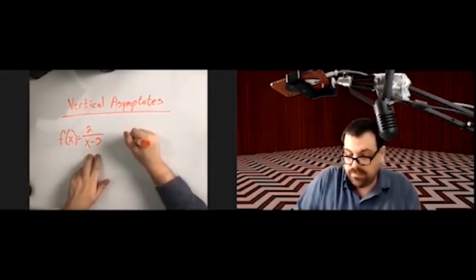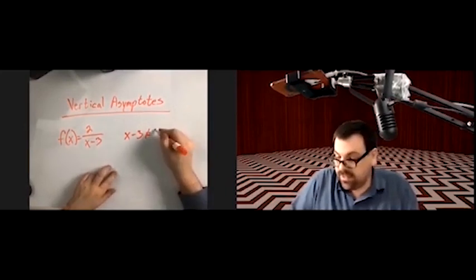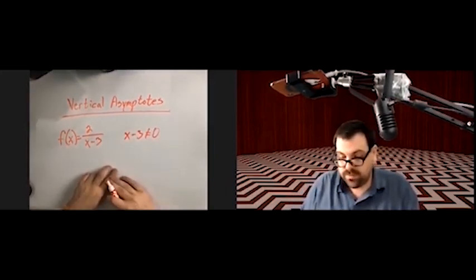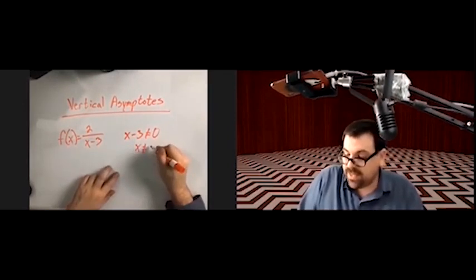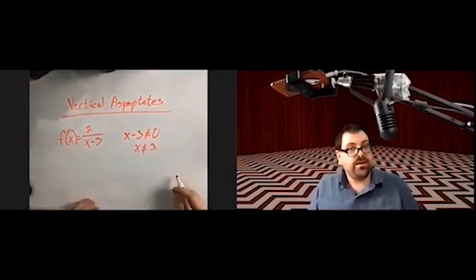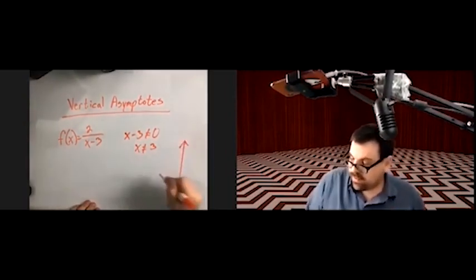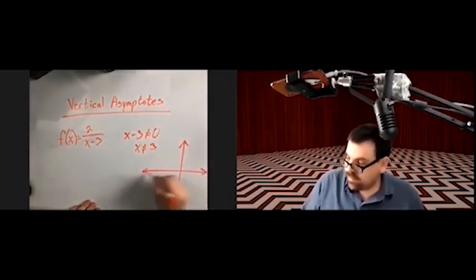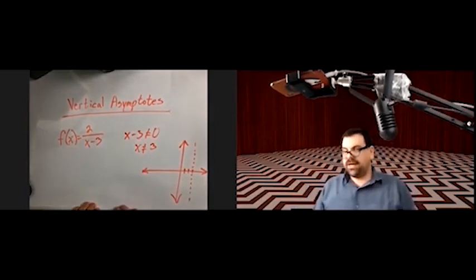So we take the bottom, we say it can't equal 0. If we solve, that means here x can't be 3. And if x can't be 3, 1, 2, 3, that means we'll put a vertical asymptote at x equals 3.